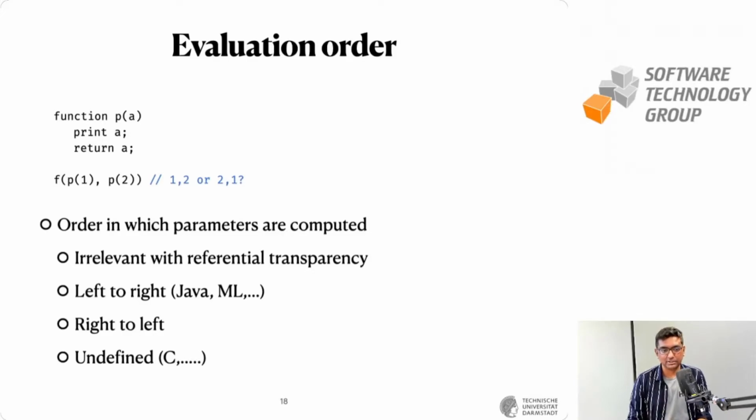Modern languages like Java and ML use the left to right evaluation order, which means you're going to get 1, 2. Again, I don't know examples of languages which use right to left. If you find out such examples, you're more than welcome to point them out to me. Languages like C simply leave it undefined, meaning the order in which these parameters are evaluated depends on the compiler itself. So essentially, the compiler writer has the complete power to decide how these are evaluated.